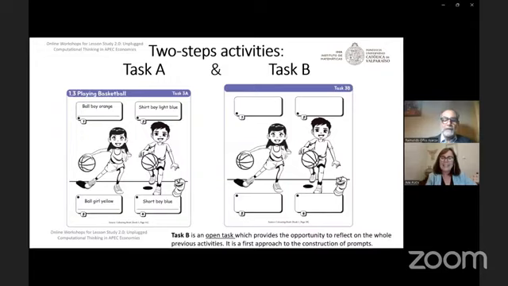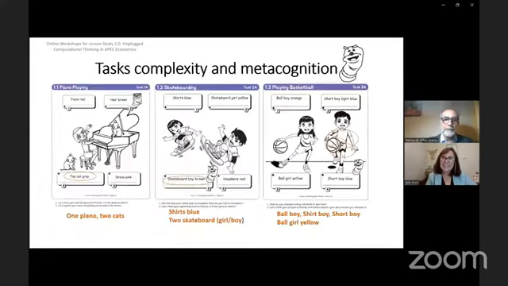It is a first approach to the construction of prompts. The tasks have increasing complexity and provide metacognition possibilities.